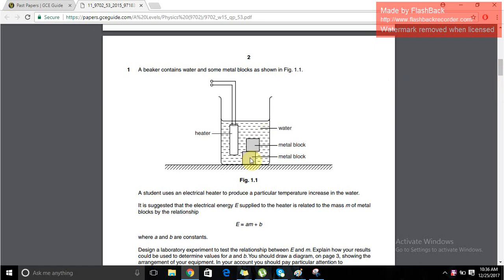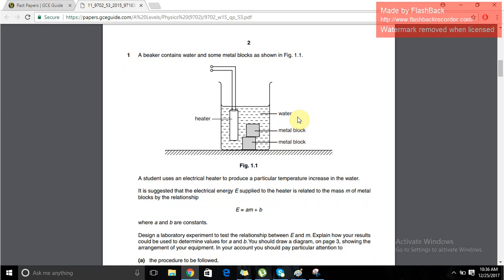Metal block 1, metal block 2 immersed in water, and we have a heater immersed as well. And a student uses an electrical heater to produce a particular temperature increase in the water. Alright?